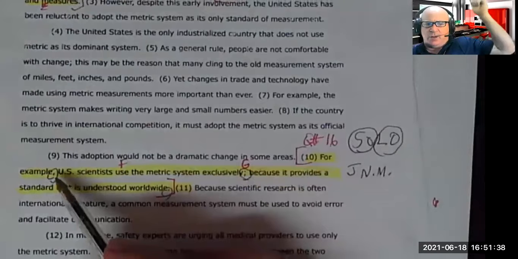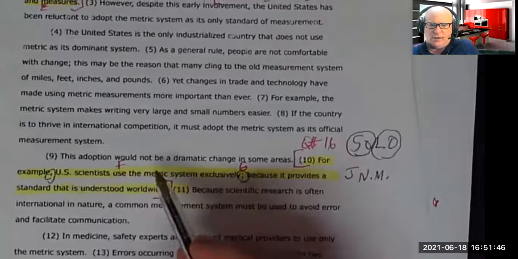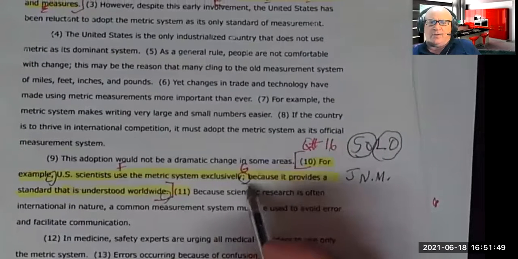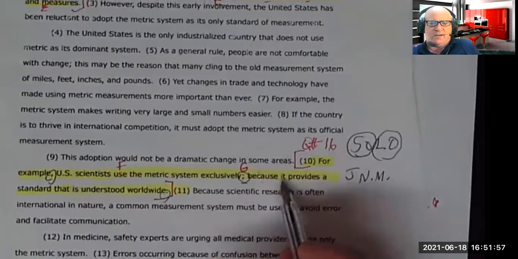It's an introductory phrase. United States U.S. scientists use the metric system exclusively, semicolon. So that means we should see an independent clause coming up, because it provides a standard that is understood worldwide.